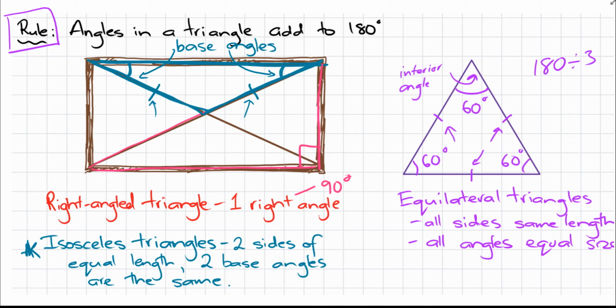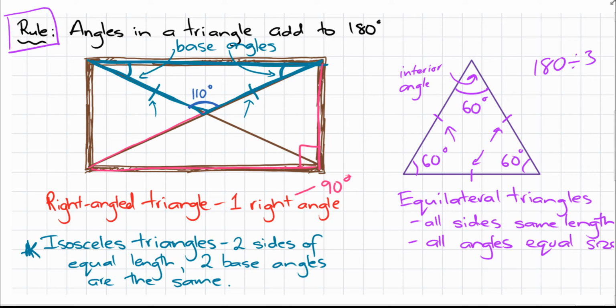If we go back to our fence gate here, if we look at, say, the isosceles triangle, say we knew that this angle here was 110 degrees.